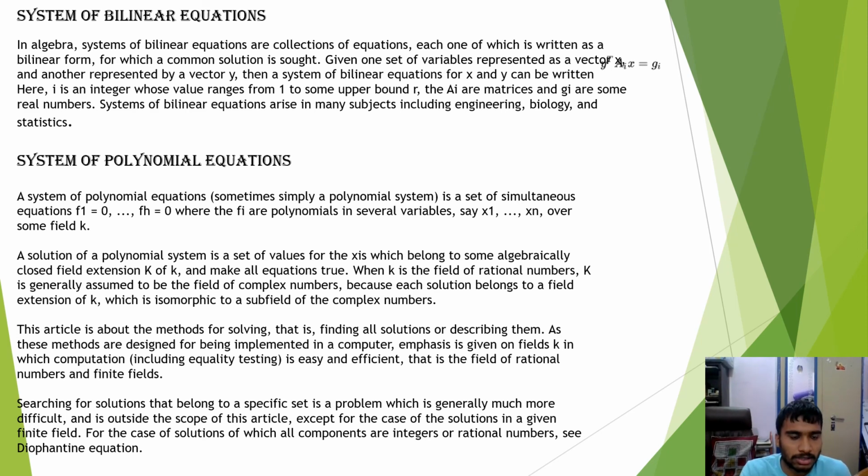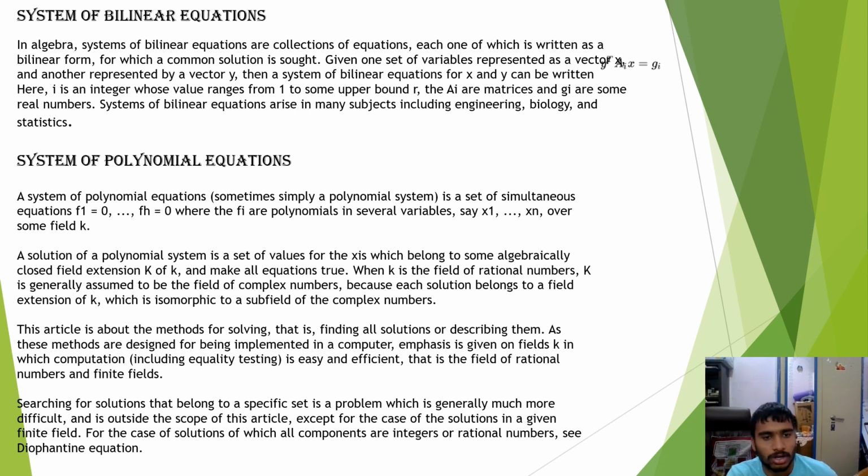System of polynomial equations. A system of polynomial equations is a set of simultaneous equations f1 = 0 through fh = 0, where the fi are polynomials in several variables, say x1 to xn, over some field k.